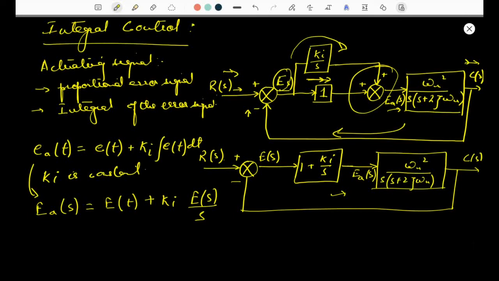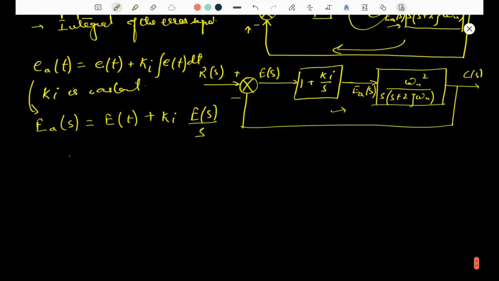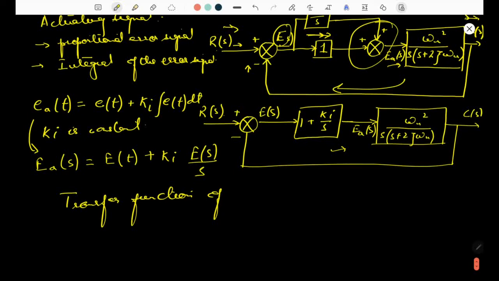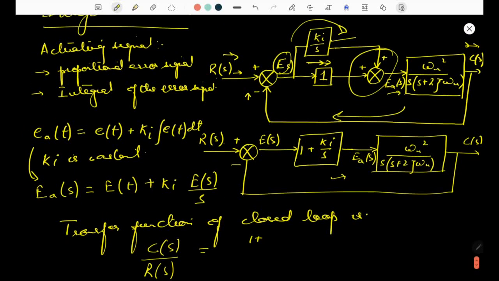The closed loop transfer function of the second order system with the integral control is C(s) upon R(s).